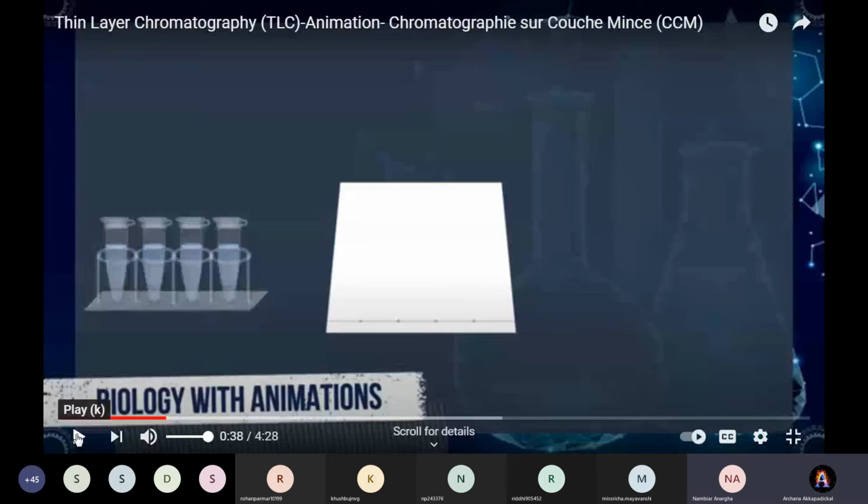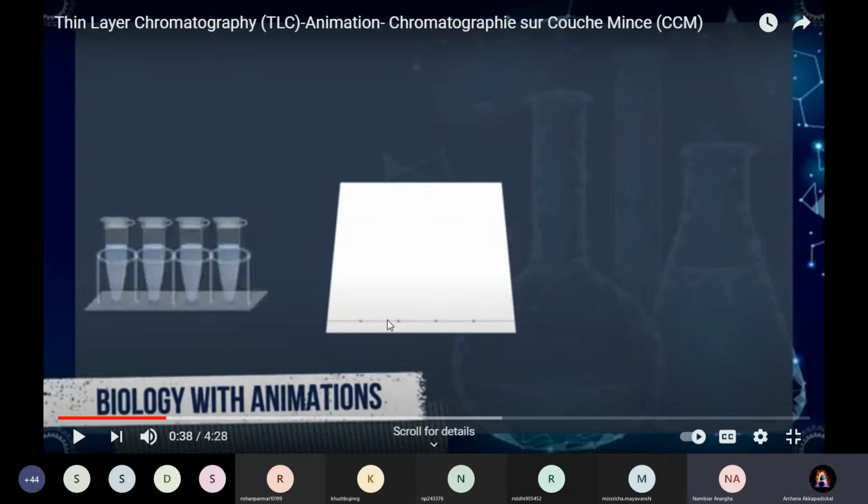See, now you can see this is a stationary phase plate, that is a TLC plate, where silica gel has been coated. Now before we actually place our spots, how do we do that? So on our plate, where we have to start, at least 1 centimeter above we have to just draw a line, where you can see that the cursor is.